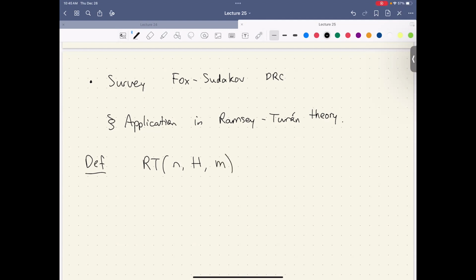This is the maximal number of edges of a graph G, where G has n vertices, G is H-free. So far this is just the extremal number of H, but we also further require that alpha of G is at most m.